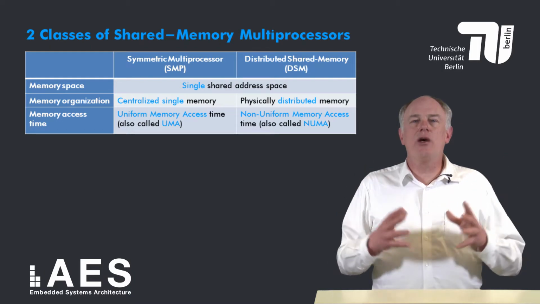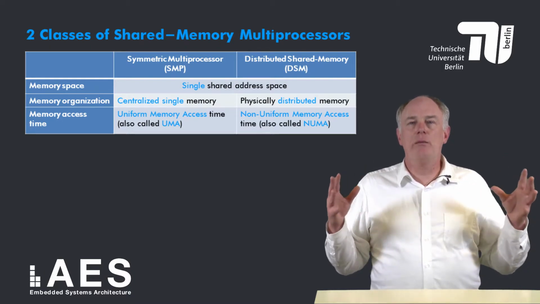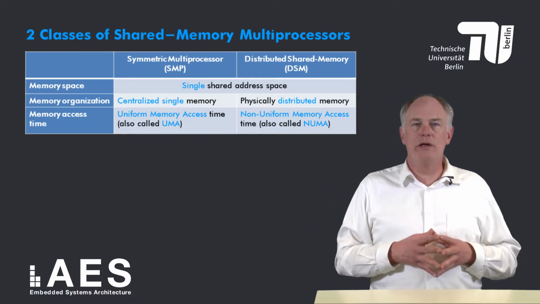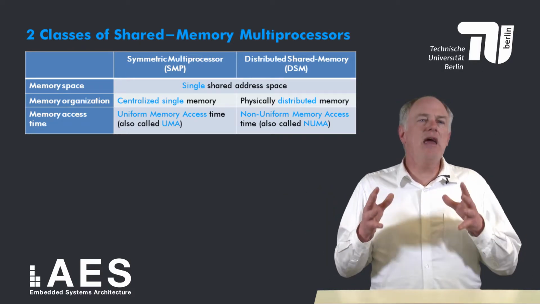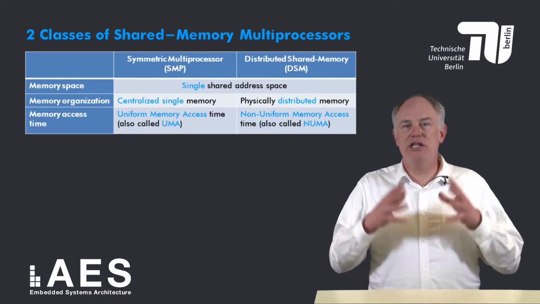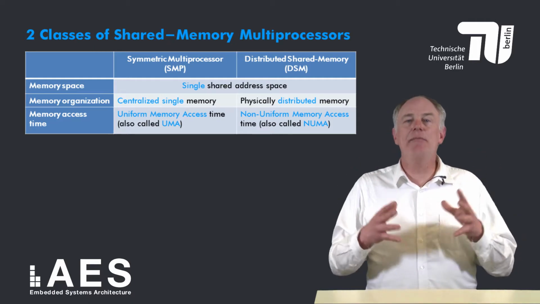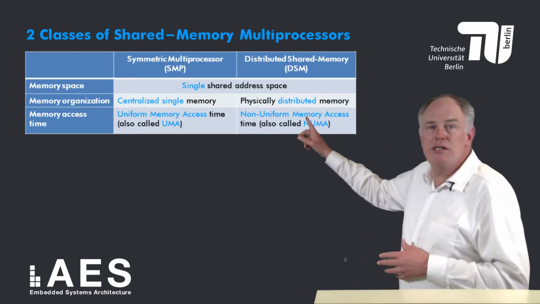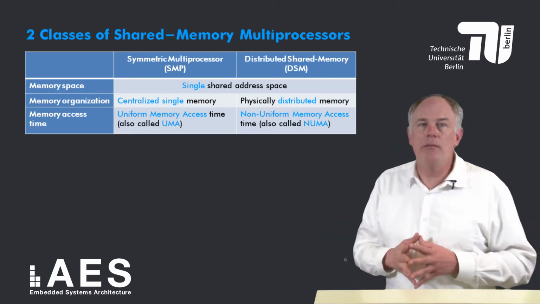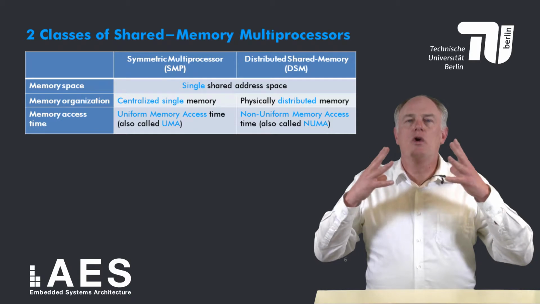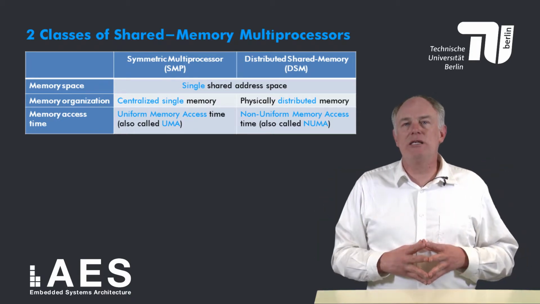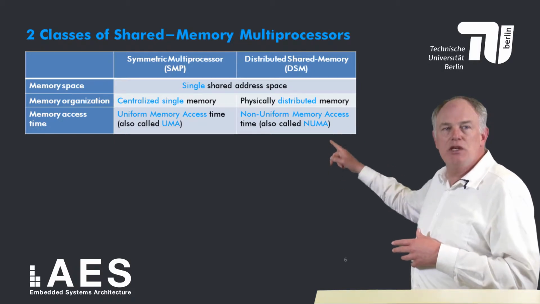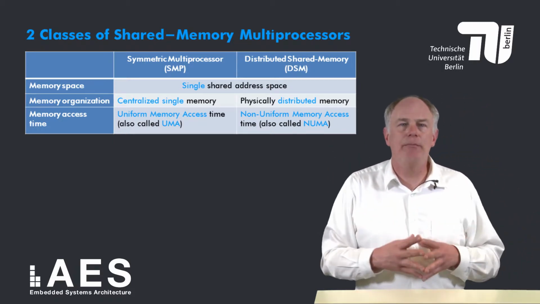A few slides ago, we saw that parallel computers can communicate via shared memory or via a communication network. Even shared memory processors can be subdivided into two classes. The first, shown here in the third column, are called symmetric multiprocessors or SMP, and the second is called distributed shared memory or DSM.